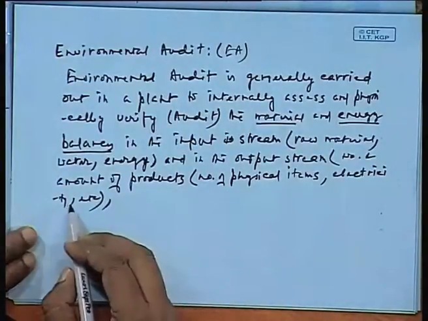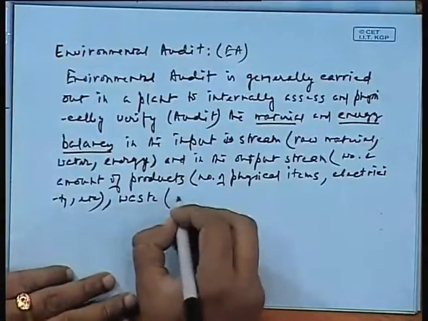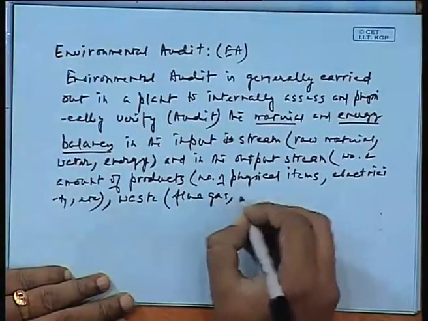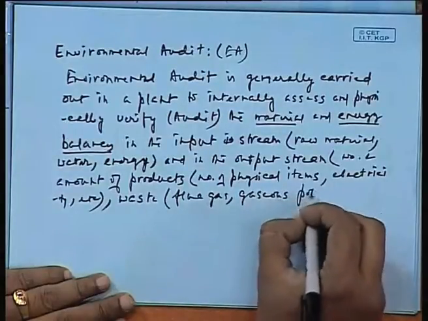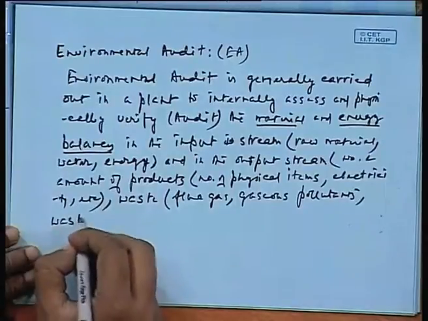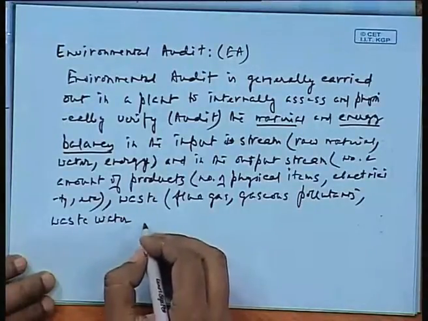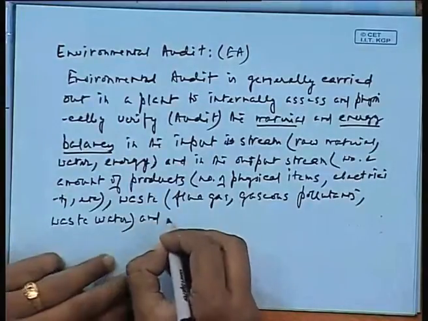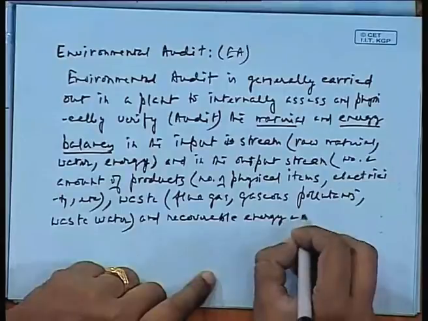Products can be a number of physical items, electricity, etc. Waste, like flue gas, gaseous pollutants and wastewater, and recoverable energy and material.